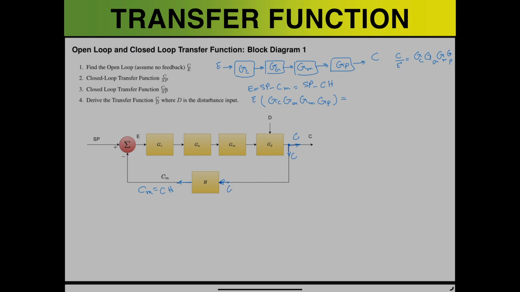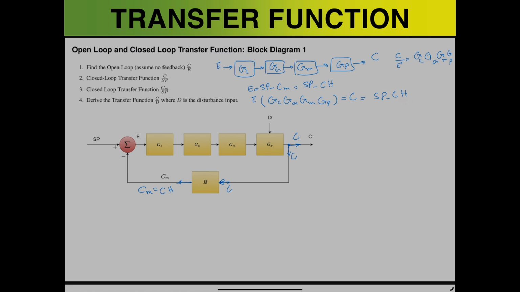That results in C. Now we can replace E with whatever we have calculated over here. So we can write SP minus CH.